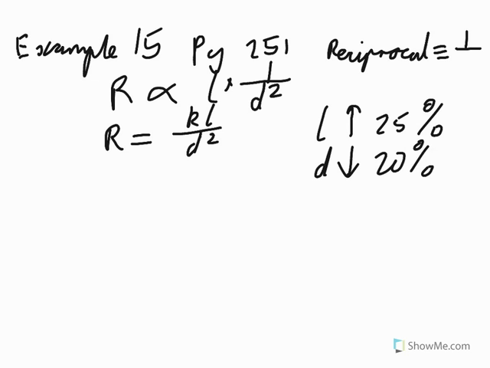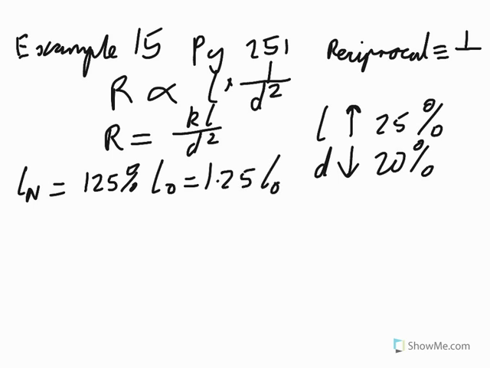So we're going to look at new and old here. So the new length is equal to, so it's increased by 25%, so it's 25% bigger than it was. So if it was at 100%, it's now at 125% of L naught. Now, in decimal terms, 1.25 of the old length.